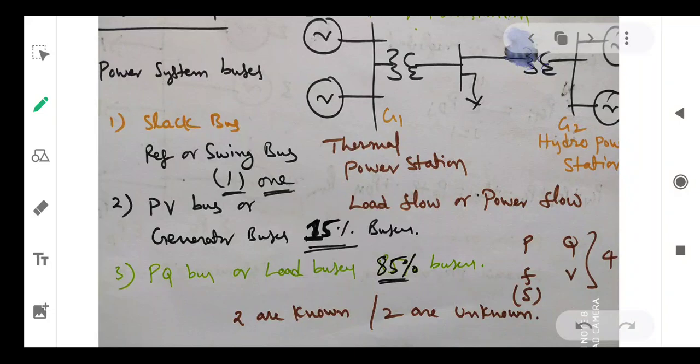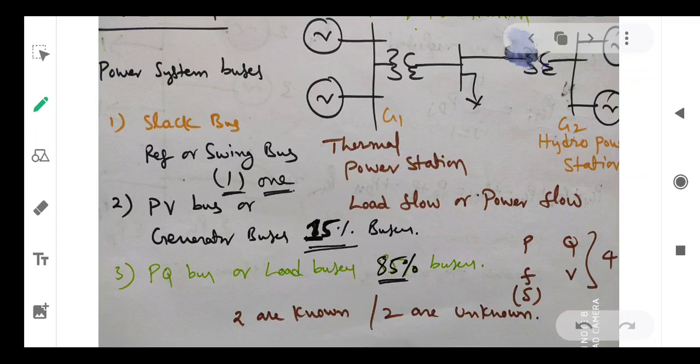Among the 4 parameters, 2 parameters are known and 2 parameters are unknown. Therefore, by performing the load flow analysis, we have to obtain the 2 unknown parameters at each of the buses.